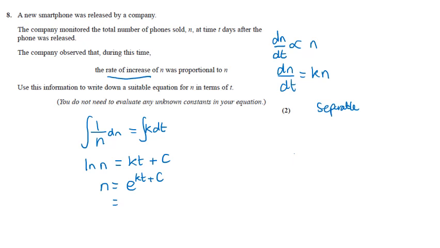And we know from rules of indices that if we have a base and then a sum of powers, we can split that up into e to the kt times e to the c. And then what's usually done is that this is relabeled. So let's say that e to the c is equal to A. So we can say that N is equal to A e to the power of kt.